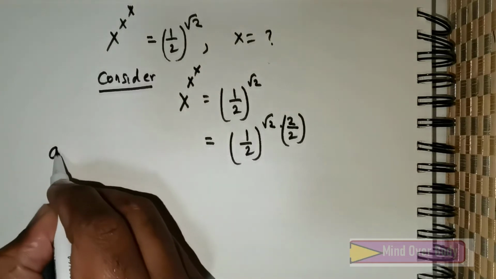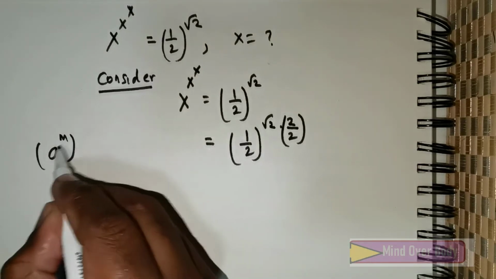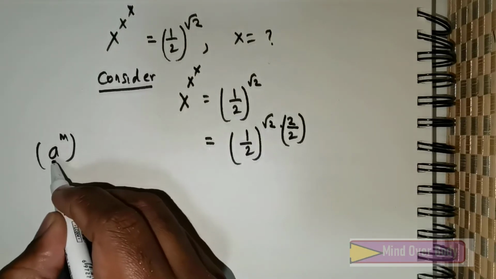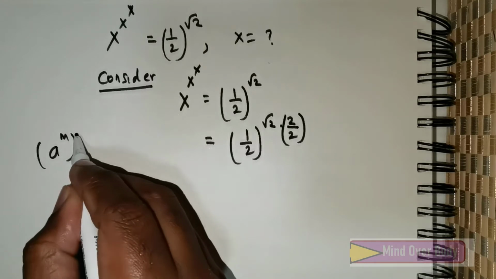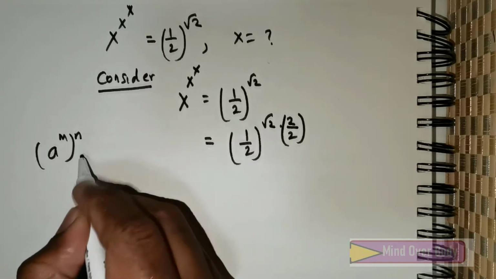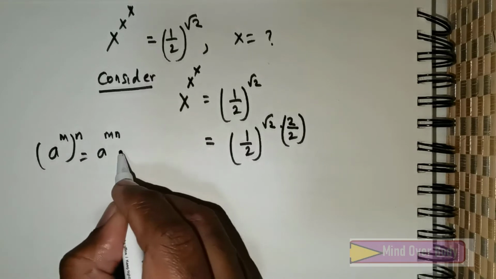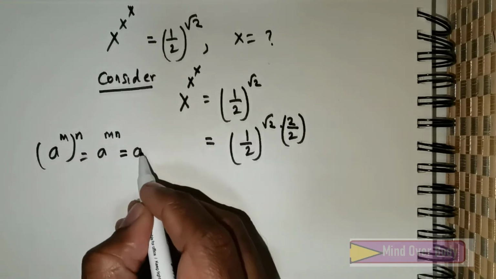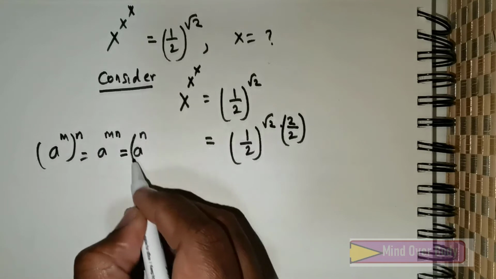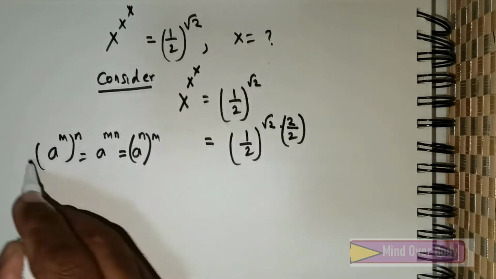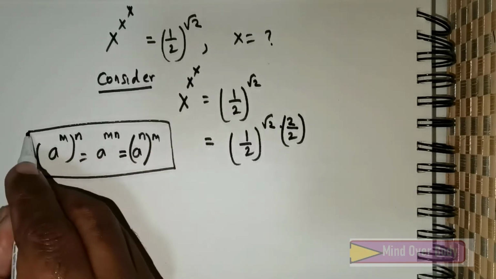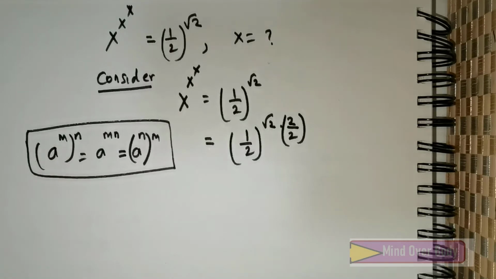Now, there is a formula from algebra: if I have a raised to the power m, and if it is raised to the power n, then I can rewrite this as a raised to the power m times n, which can in turn be rewritten as a raised to the power n raised to the power m. So this is the way I can always write this algebraic formula.